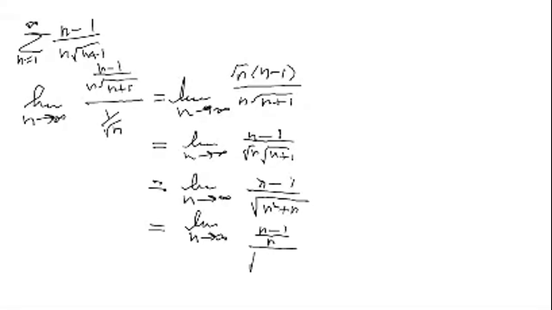And underneath here, when you divide by n, it brings it in underneath the radical as an n squared. So I have an n squared here.